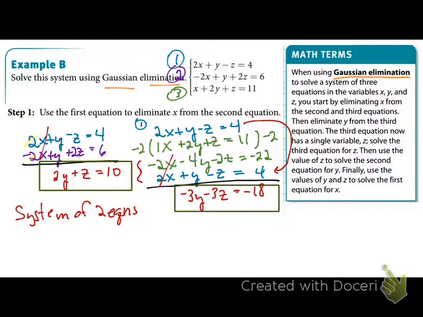And then from here, you will just proceed to solve it like you would a system of two equations. So I'm going to go to the next slide so I can write all this down. And in the meantime, you pull these together and I'll show you.